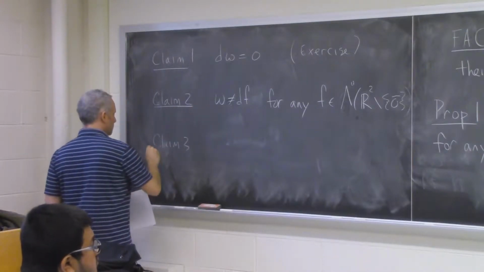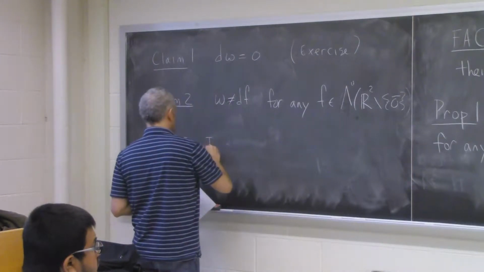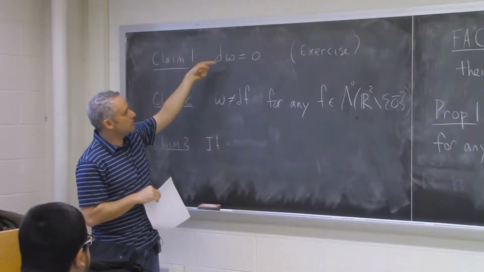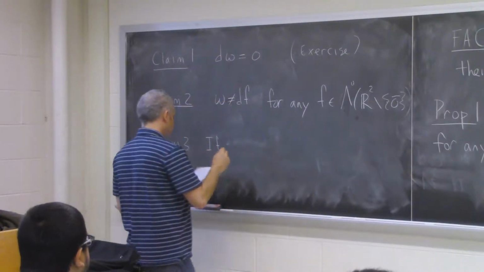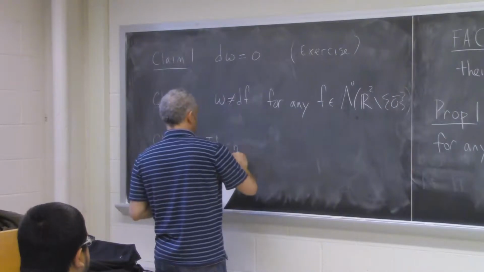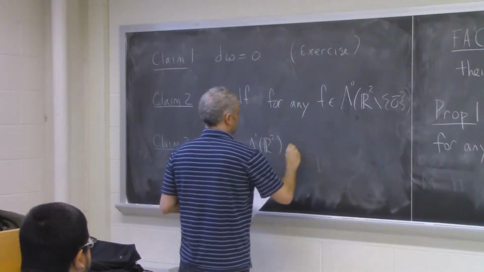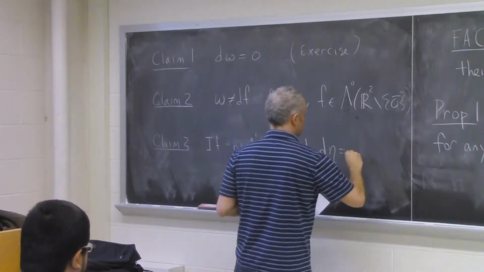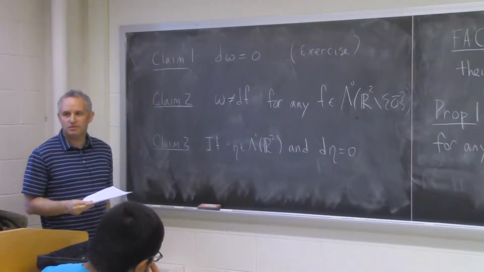And then to prove our result, we will prove this and a third claim: that there is no such one-form with these two properties on R2. So if eta is a one-form on R2 and d of eta equals 0, then eta is d of something.